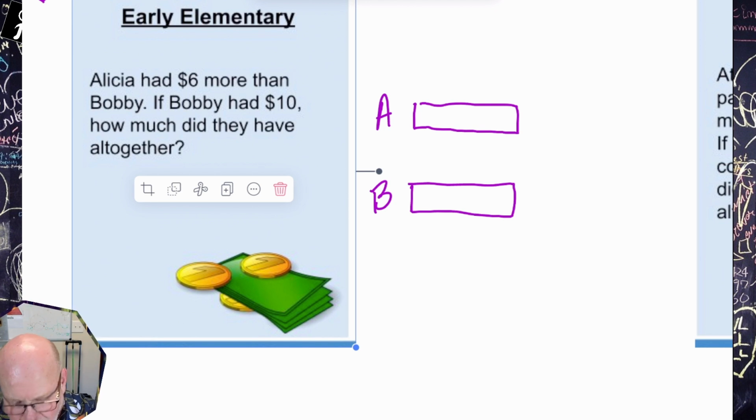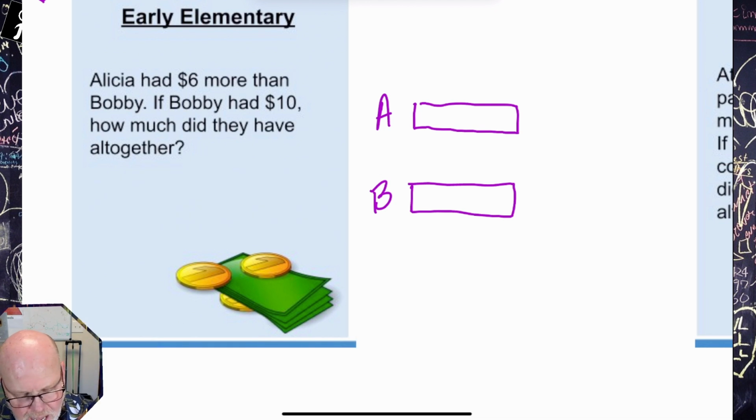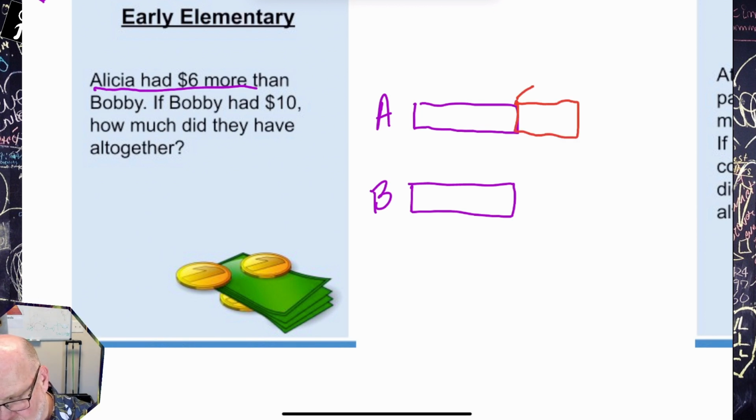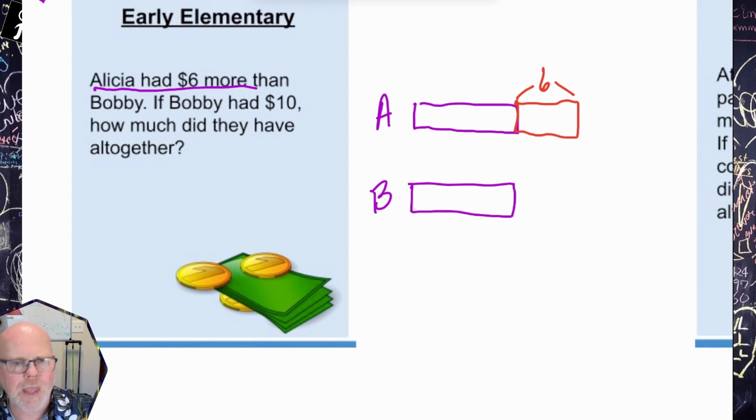Okay, and then it says Alicia had $6 more than Bobby. So what does that mean? That means I need to extend Alicia's tape diagram by $6. Then it says if Bobby had $10, so this length right here is 10.